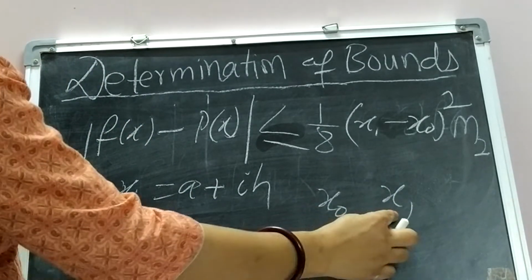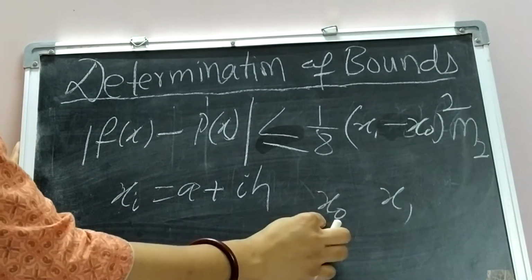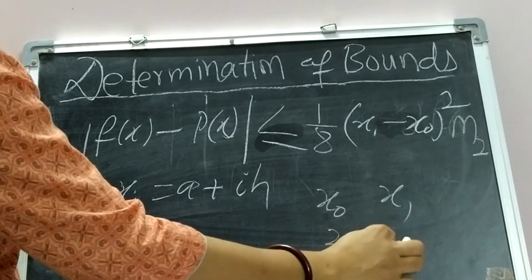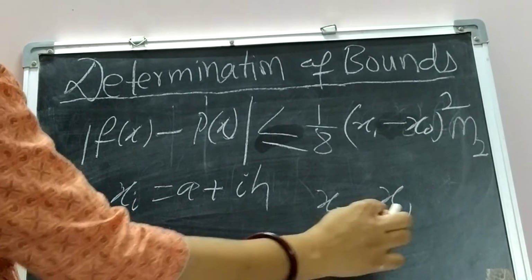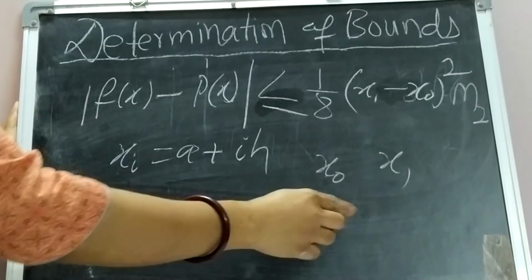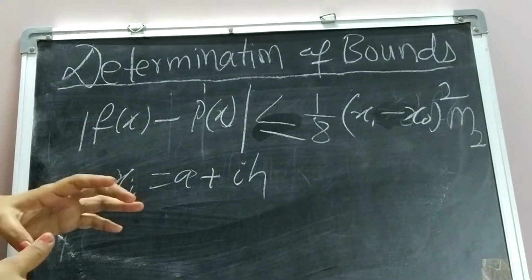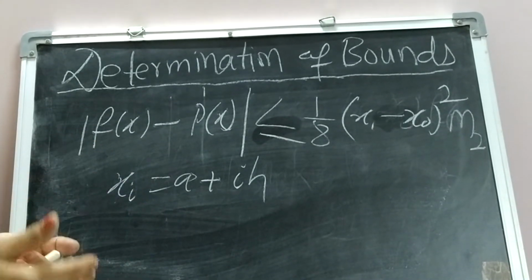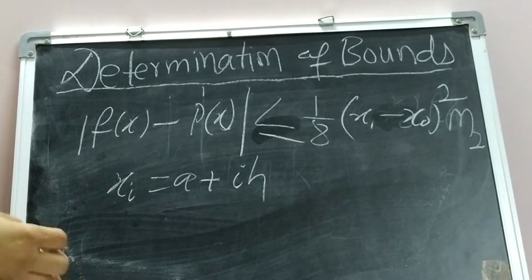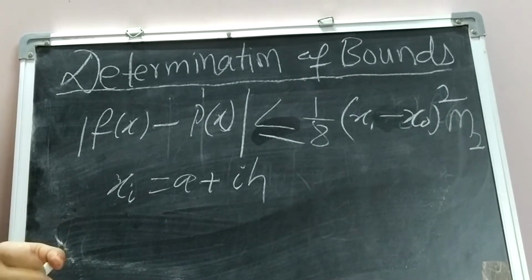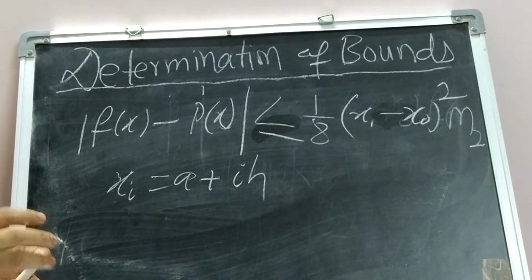Now what should be the gap between the two from x0? Suppose you started from 2. What should be the gap for getting the second nodal point? If you are going to plan some experiment, at what interval should you note down the data, so that the error finally in the interpolating polynomial should be as small as possible.